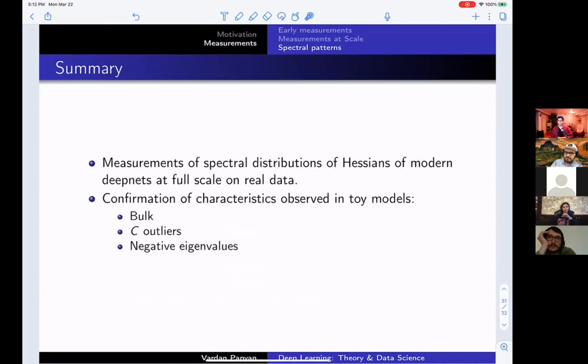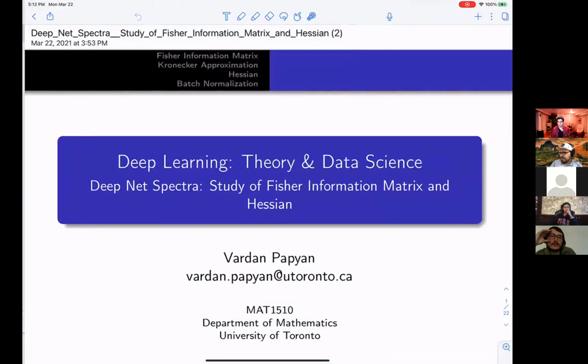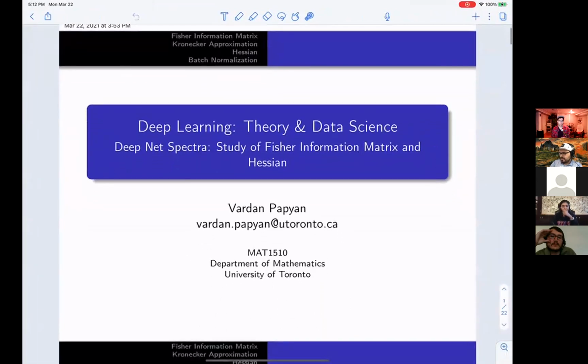And we see that the spectrum of modern deep nets shows a bulk, outliers, and negative eigenvalues. We also see that the top outliers seem to be suppressed as a result of batch normalization. And with this, we are ready to proceed to the last lecture on this topic.